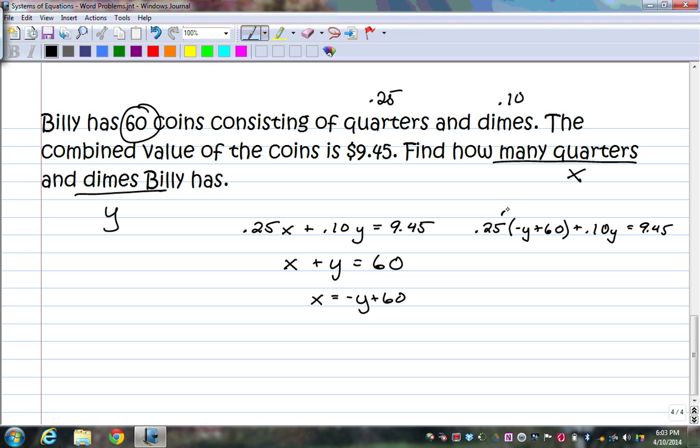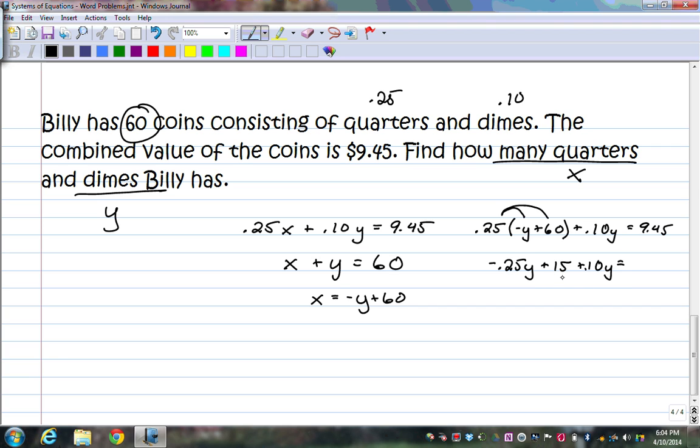Going to distribute here. 0.25 times that negative y, I get a negative 0.25y, and that becomes plus 15 plus 0.10y.